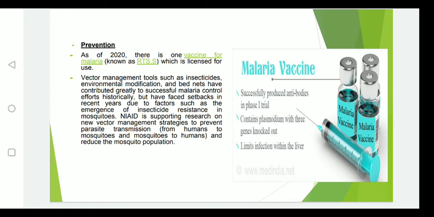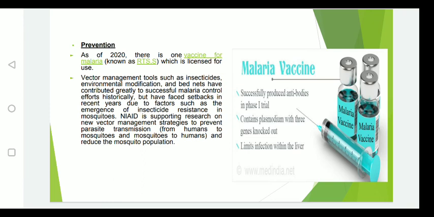Then there are vector management tools such as insecticides and environmental modifications, that is environmental prevention, and vector management tools in the form of insecticides. Then bed nets and all we can use as personal protection.